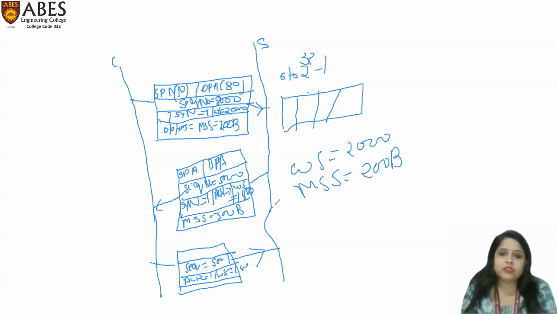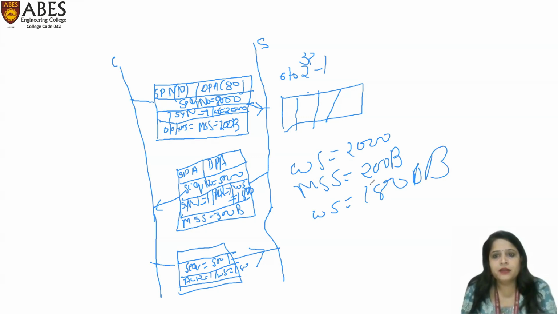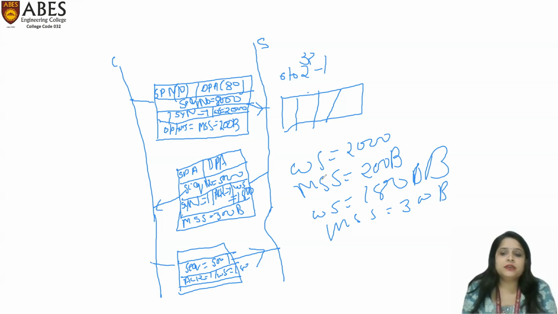Similarly, the server also says that the server window size is 1800 bytes and the maximum segment size here is 300 bytes. So my whole buffer size is 1800 bytes, but at that moment one segment which I can receive will be 300 bytes, right? So you can send me 6 segments, right? So this is basically the connection establishment phase.